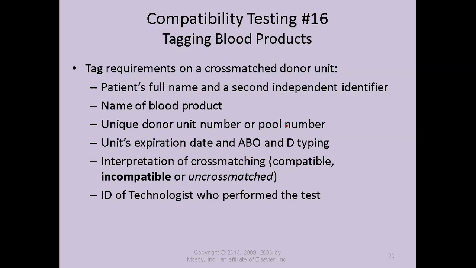Unique donor unit number or pool number. The pool number we'll talk in more detail about later, but sometimes when individuals need transfusions of platelets or plasma, for instance, we have to combine more than one unit together. So there's a pool number that's assigned. Don't worry about that for now.